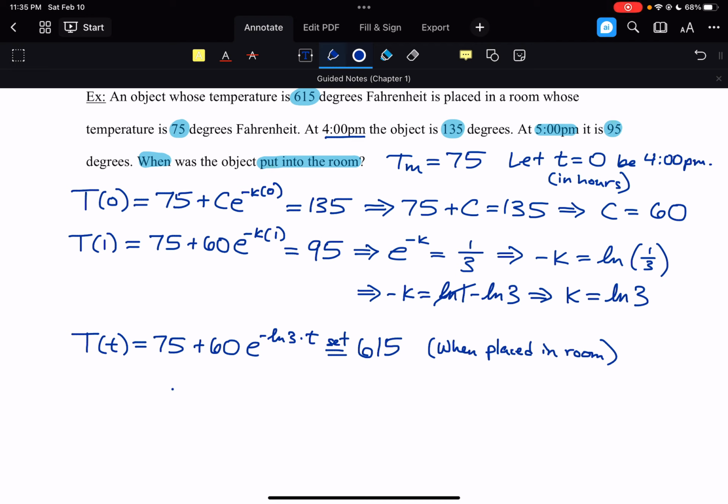So subtract the 75 and divide by the 60. So we get e to the negative ln of 3 times t. It actually works out just to 9. So that's pretty handy.